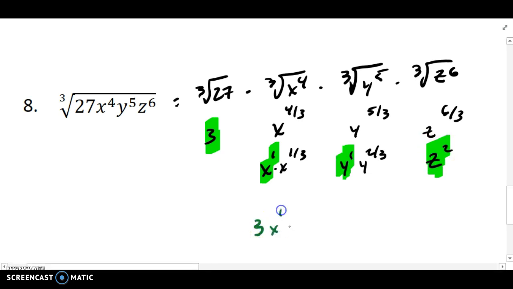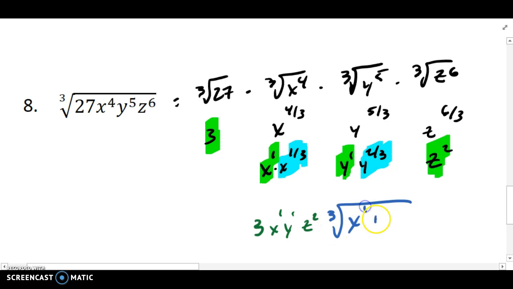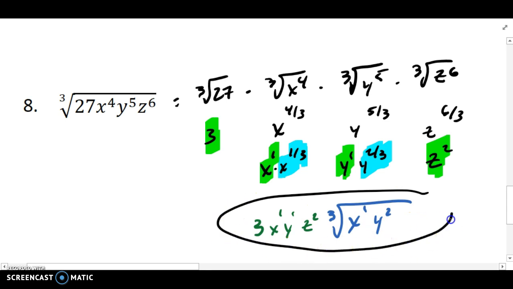So we got 3x, y, z squared. And all of these are still fractions of a third. So we're going to take that 3, the denominator, and make it a root with an x, y squared, and those are the numerators. And that is how we do that one. A little interesting, okay? I get it. But what we need to do is we want to root it as much as we can, so we end up breaking it apart and then putting it back together. So that turned into that.